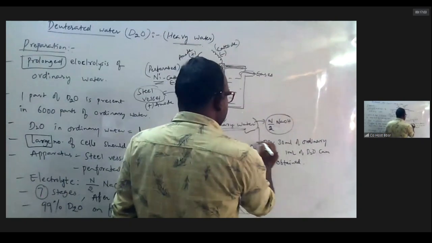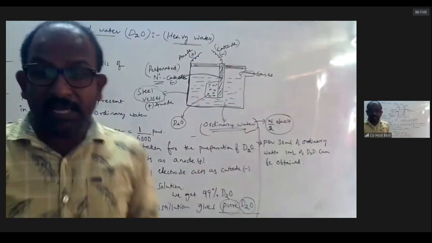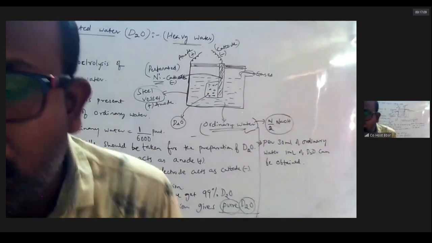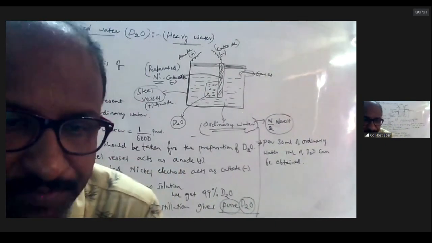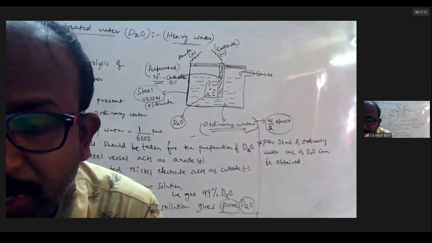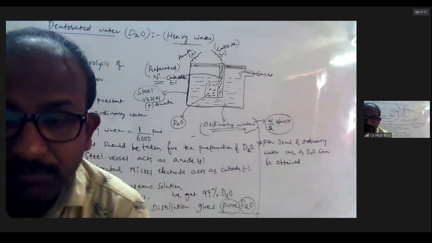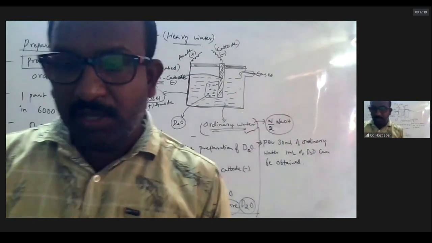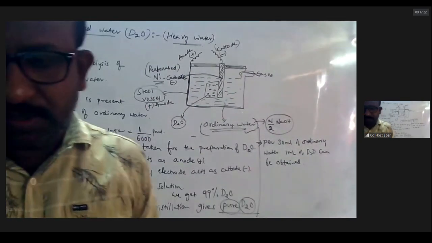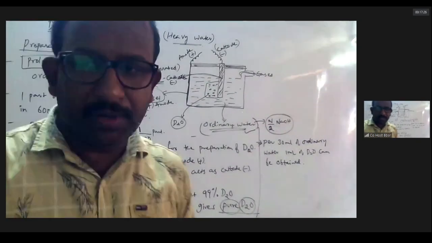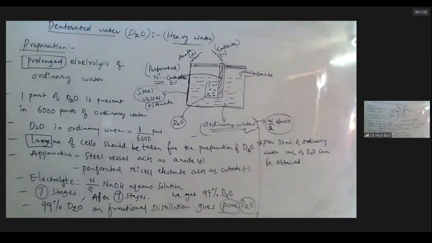What is the last point? Taking 30 ml of ordinary water, you get 1 ml of D2O. So that's the preparation of D2O.